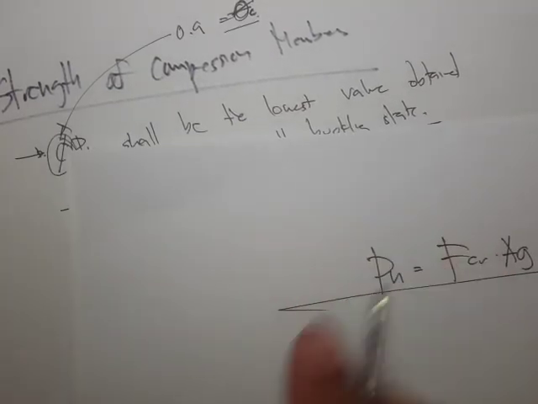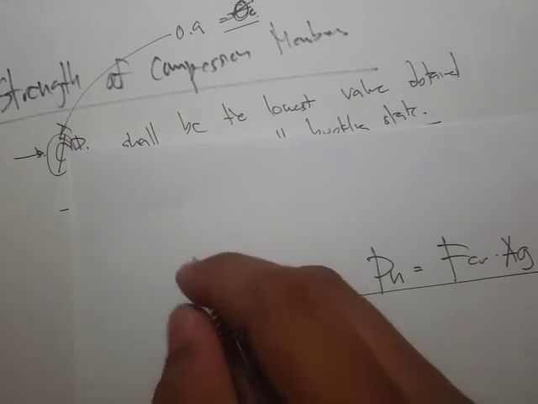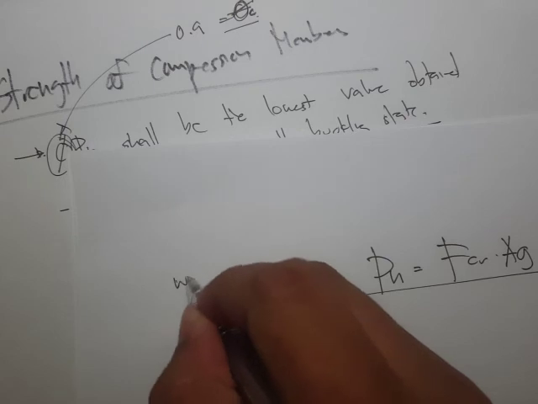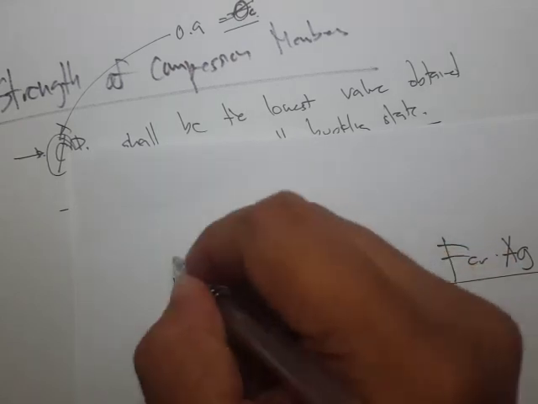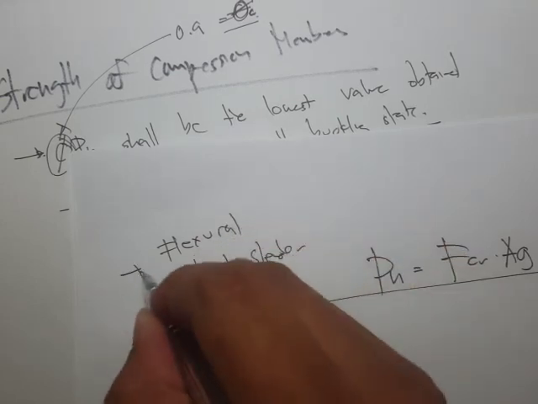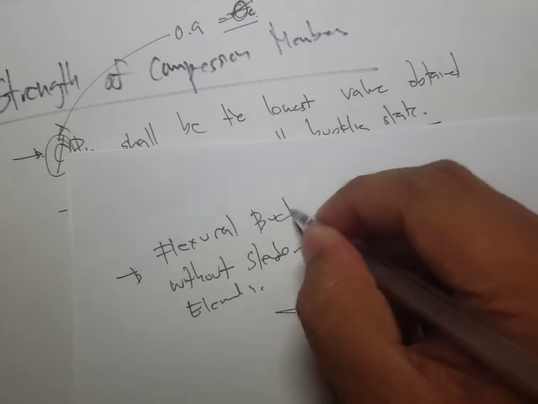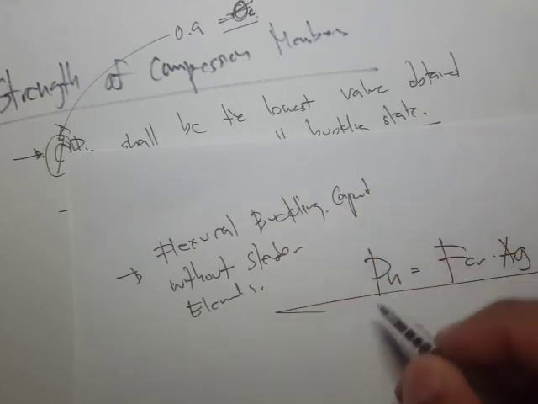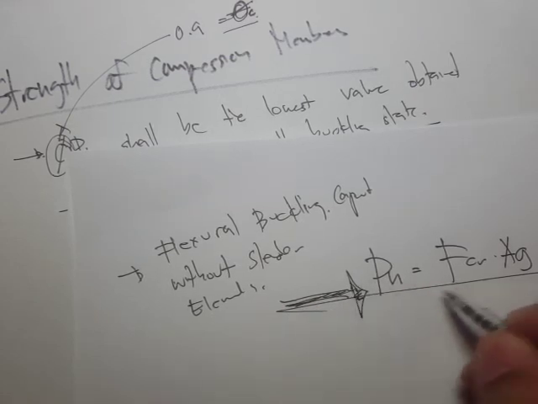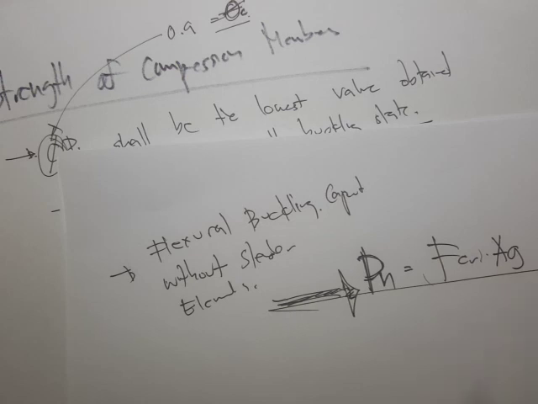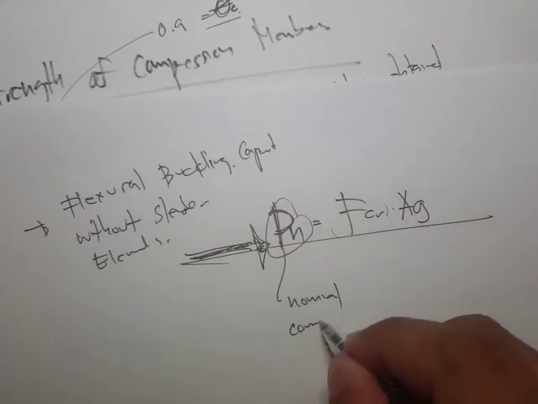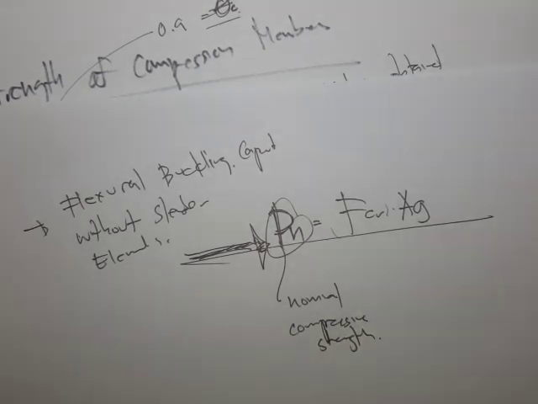Again, take note, for a section without slender elements, where we are determining this flexural buckling capacity, our equation would be this one. Pn is equal to the critical stress times the gross area. This is the nominal compressive strength. All right, I guess I'll continue this discussion in the next video.